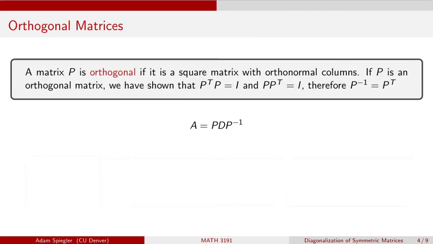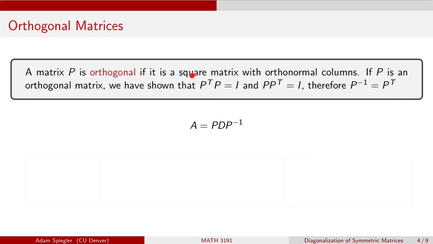Okay, so I want to summarize a really important observation that we just made in that previous example. And so first, let me define what it means to be an orthogonal matrix. So a matrix P is orthogonal if, first of all, it's a square matrix with orthonormal columns. So we've dealt with matrices where we have orthonormal columns where they're not a square matrix.